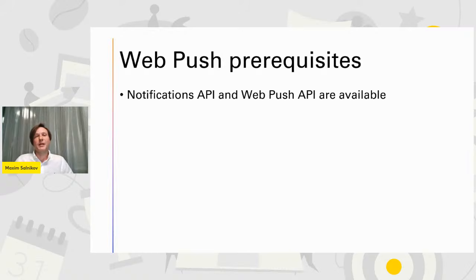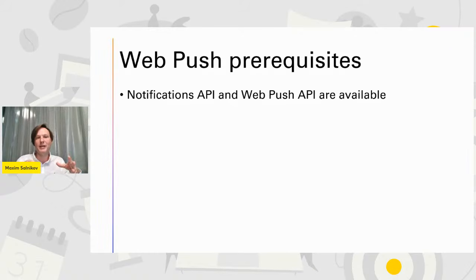Now the Notifications API is kind of a self-standing specification, a self-standing standard. I mean, it's relevant without any kind of web push context. And basically, this is just a way to display native notifications in the browser. I mean, you can either use it for web push or for any kind of other notifications you want to show. And of course, web push is heavily dependent on this.